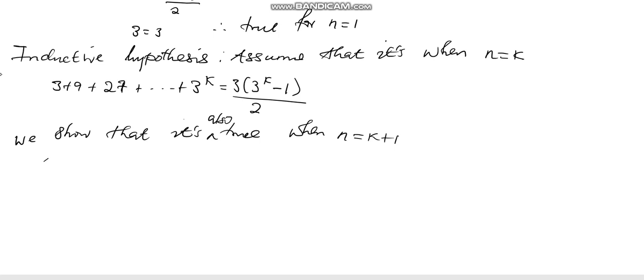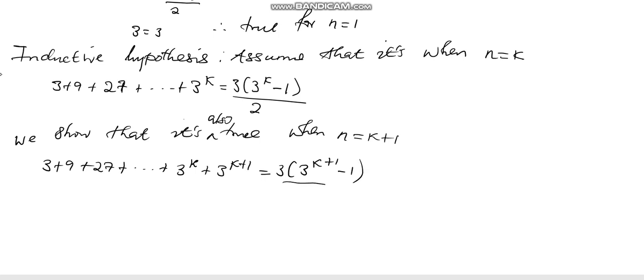So this side we have our 3 plus 9 plus 27 plus 3 to the power k, plus 3 to the power k plus 1. So this is the a k plus 1 term that we're adding here to the sequence that we have already this side, or to the terms that we have already. So this will be equal to now 3, open brackets, 3 to the power k plus 1 minus 1, like this here. And everything you divide by 2.